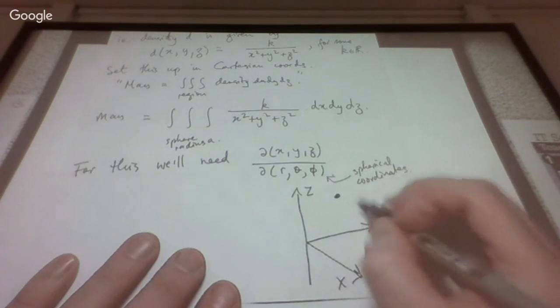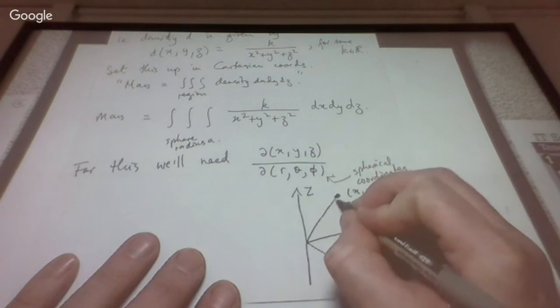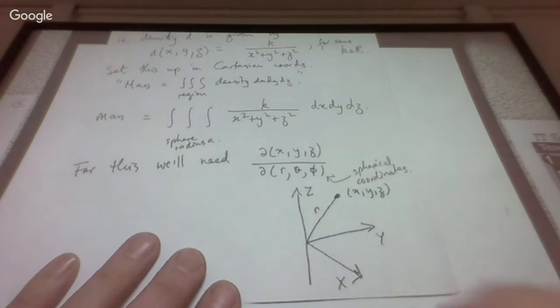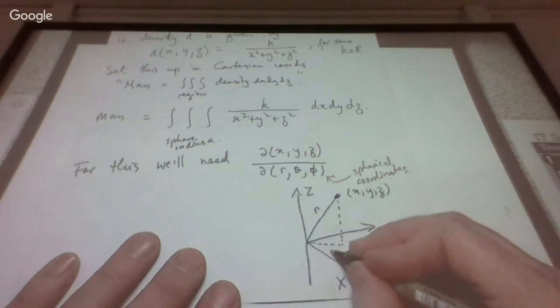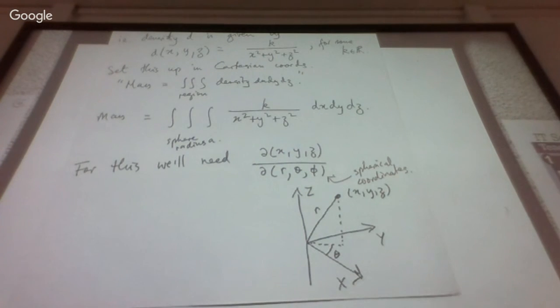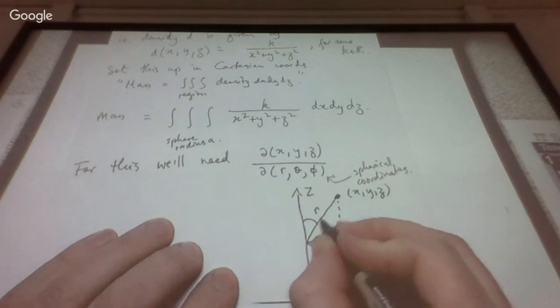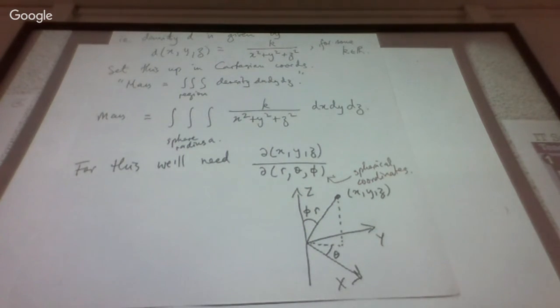So you have a point with Cartesian coordinates x, y, z. R is simply the radial distance. Theta is this angle of the projection of the radius down onto the xy plane with the positive x-axis. So theta has its usual meaning. Phi is this angle here, the zenith angle, the angle of the radius down from the vertical direction in the positive z-axis.